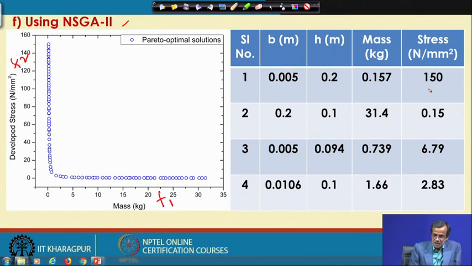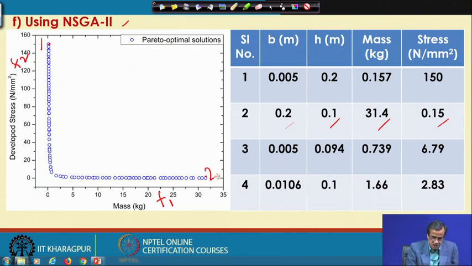Now, if I see this, corresponding to solution 1, this is the point, this is the solution corresponding to solution 1. So, this is one extreme solution lying within the feasible range on this Pareto optimal front. Another feasible, borderline solution could be this, and this might correspond to the second solution, that is B is 0.2, H equals 0.1, mass is 31.4 and the developed stress is 0.15.